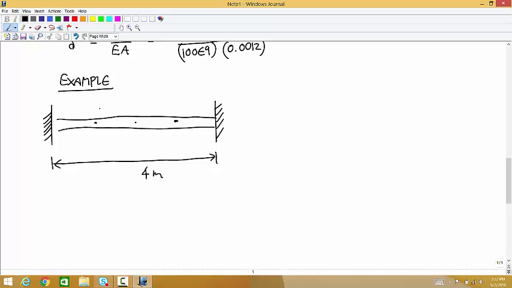And a quarter of the way along its length, there's a 5,000 Newton force. Let's say the coefficient of thermal expansion is 1.0 times 10 to the minus 5. And the Young's modulus is 100 times 10 to the 9th.